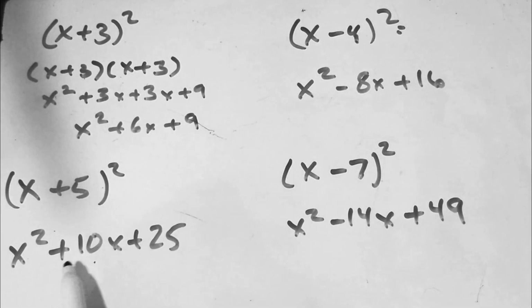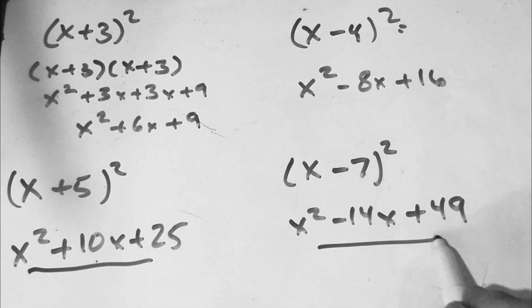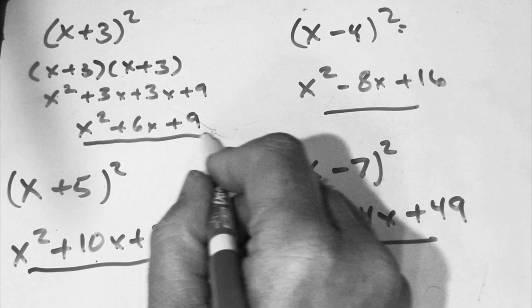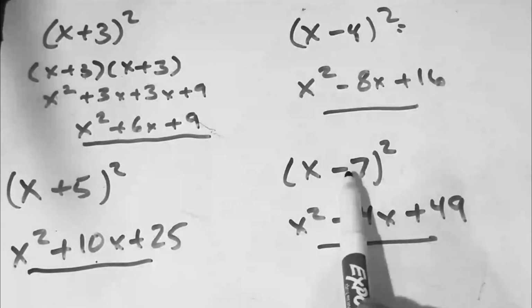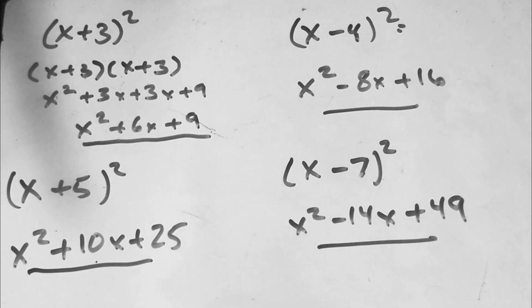These four trinomials are perfect square trinomials. In other words, if you factor them, they factor back into binomials that have been squared. And that's the whole point. You must notice that half of this, squared, equals that. That's how you can look at a trinomial and say, oh yeah, it's a perfect square.